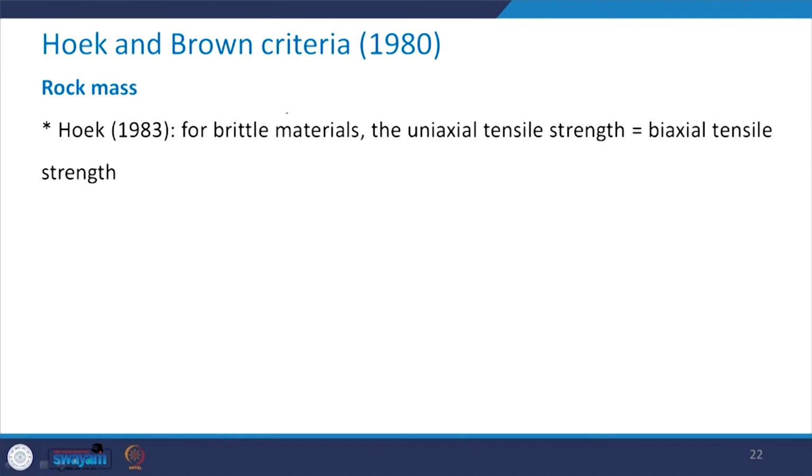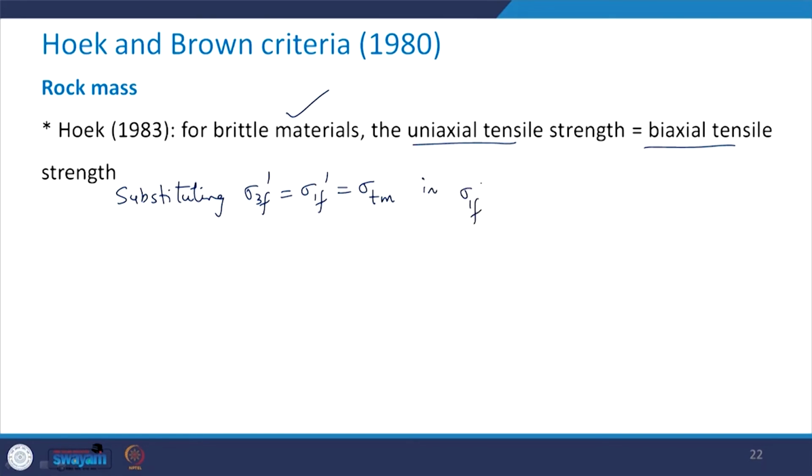For brittle materials, the uniaxial tensile strength is going to be equal to the biaxial tensile strength, and therefore, just substitute sigma 3f prime equal to sigma 1f prime is equal to sigma Tm in this equation, which was sigma 1f prime equal to sigma 3f prime plus sigma Ci into (sigma 3f prime upon sigma Ci plus s) to the power a.